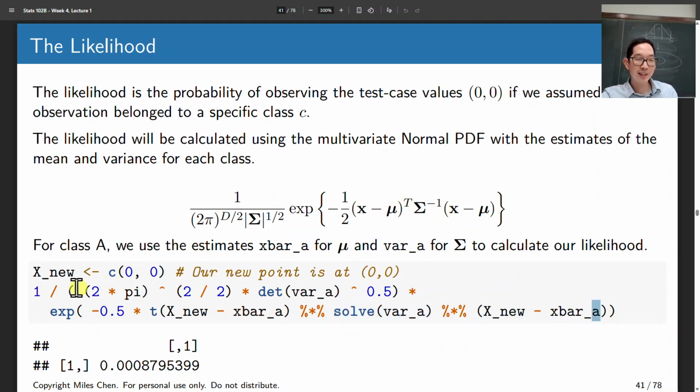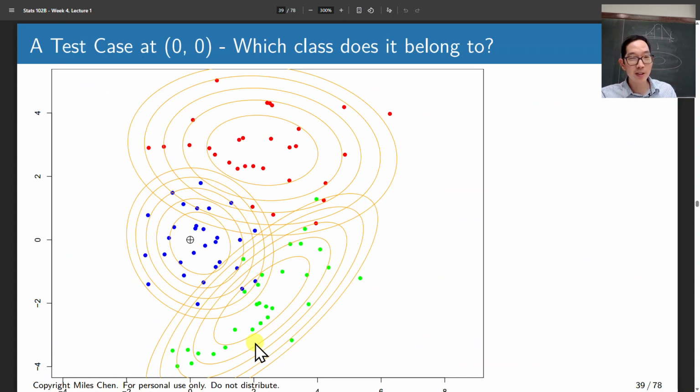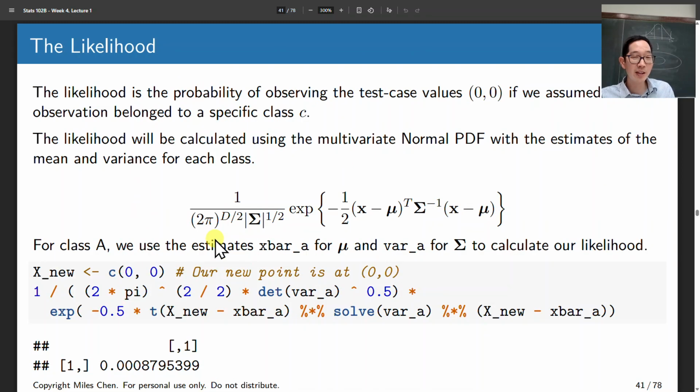So this looks kind of like a mess, but it's really just the multivariate normal PDF put into code, okay? And so this is our likelihood of getting 0, 0 for class A. Looking at this, we'd say, oh yeah, it's low likelihood that it comes from class A, and indeed we have a pretty small number, 0.000879.